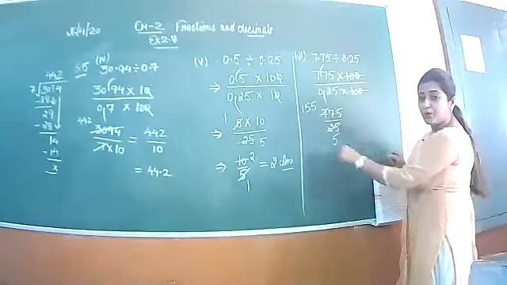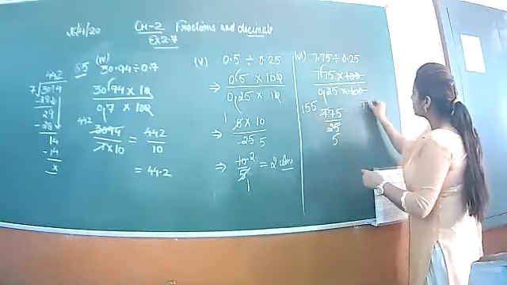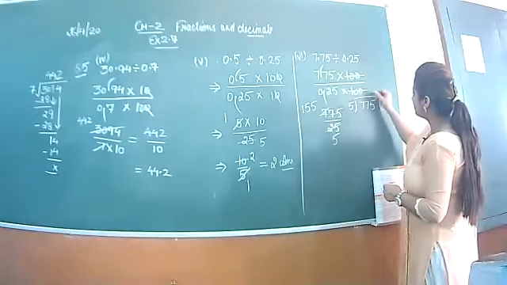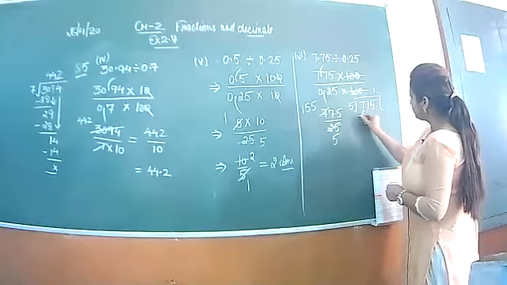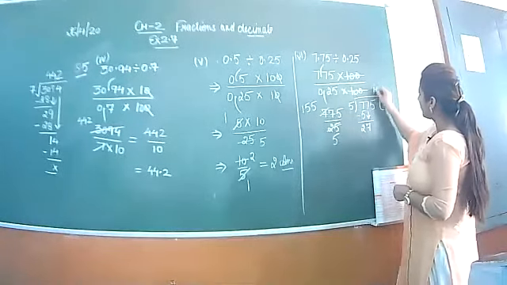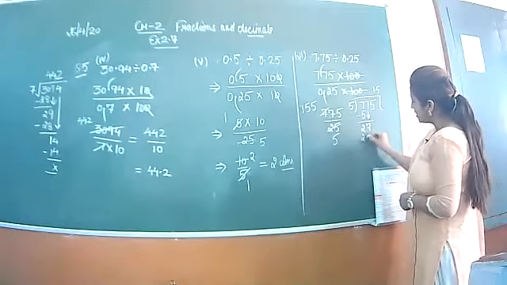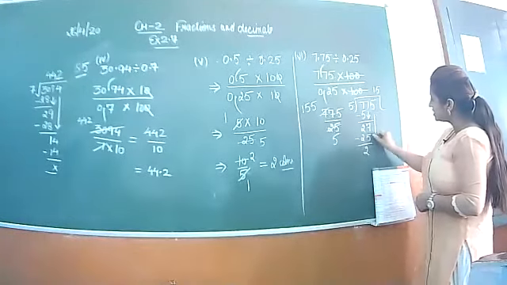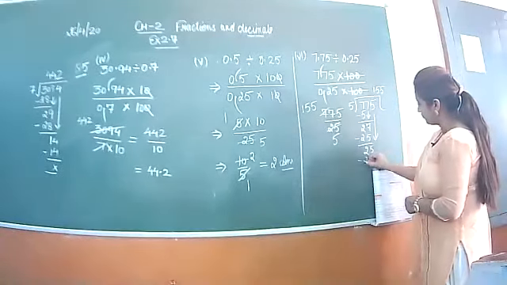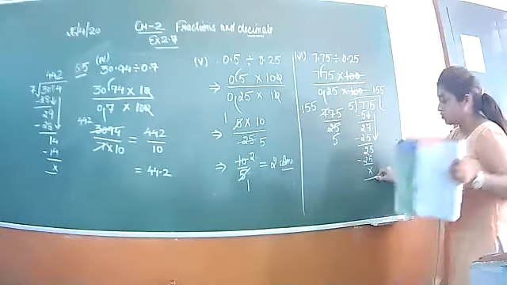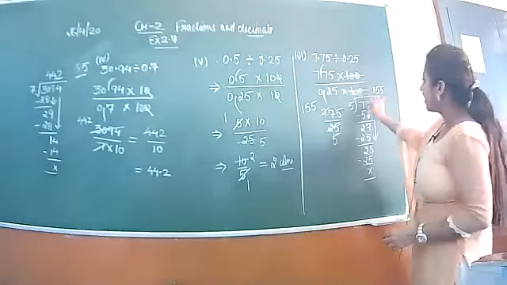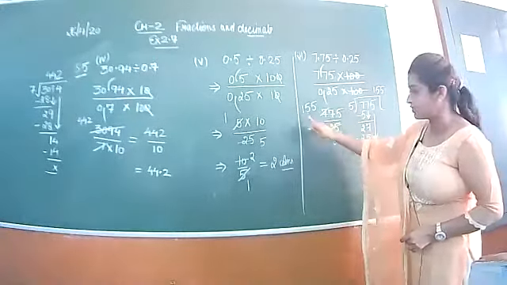And if you don't know how to divide like this, you can simply divide 775 with 5. 5 ones are 5, 2 is left, take the next digit, 5 fives are 25. 2 is left, take the next digit down, 5 fives are 25. So we have got 155 after dividing it with 5.